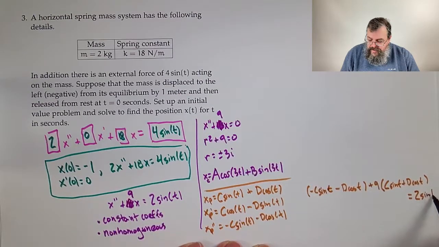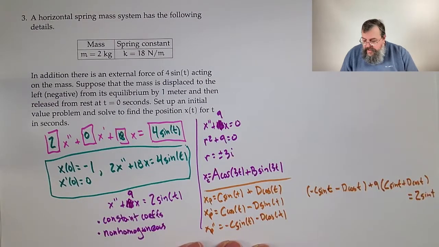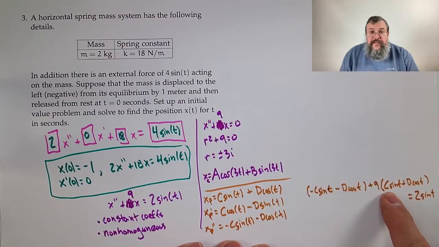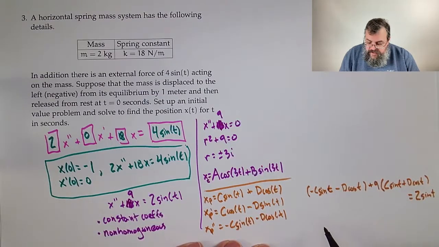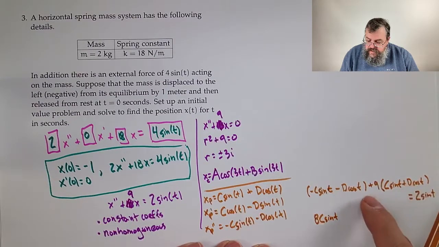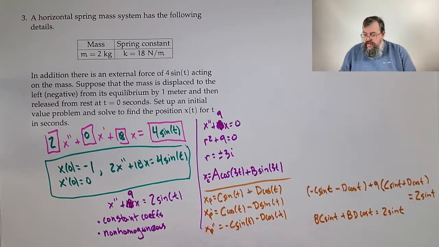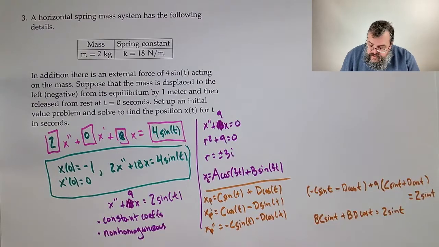All right, well, okay, that's not so bad. We can put things together. We have minus c, here's plus 9c, so that means 8 times c sine t. And then we have plus 9d, subtract d, plus 8 times d cosine t equals 2 sine of t. Well, what does that tell us? It tells us a lot, actually.